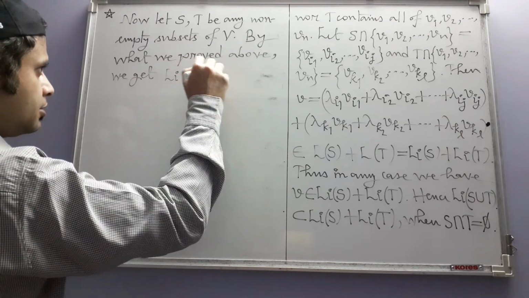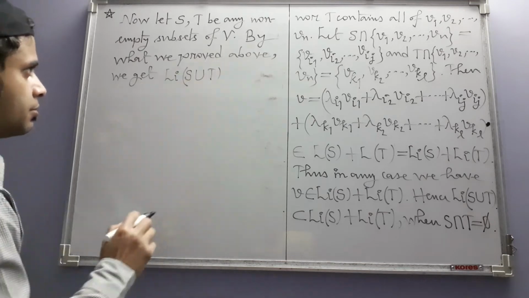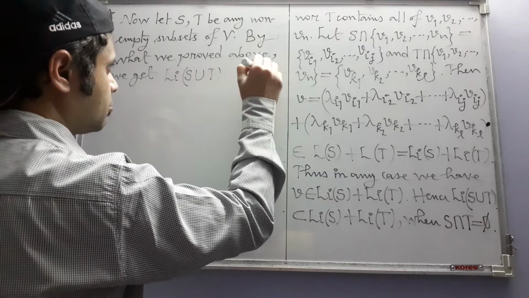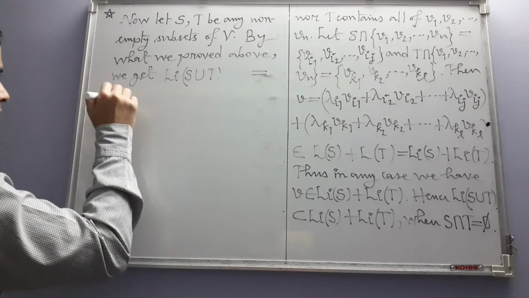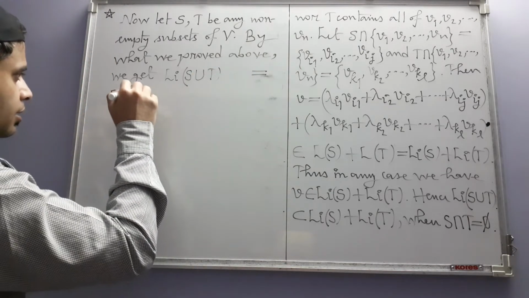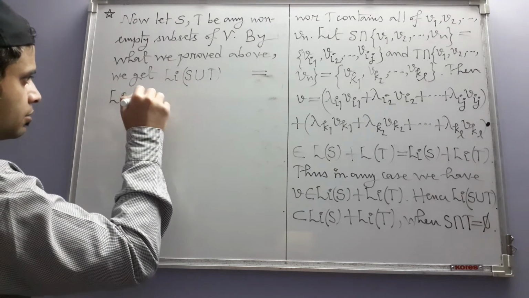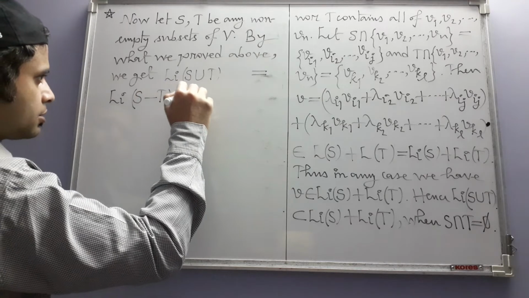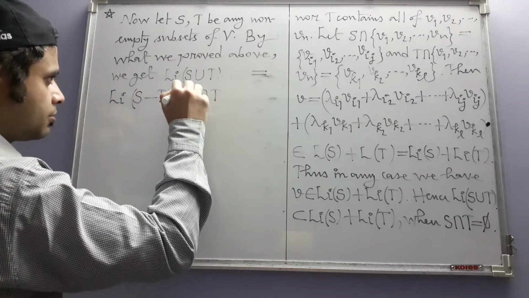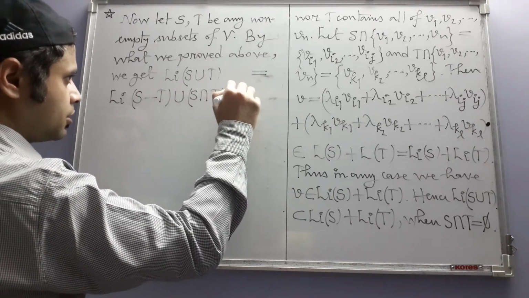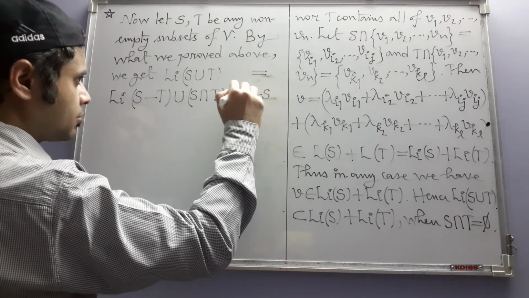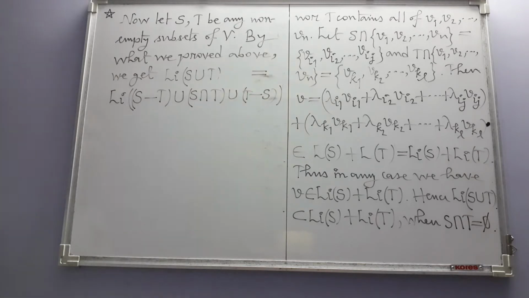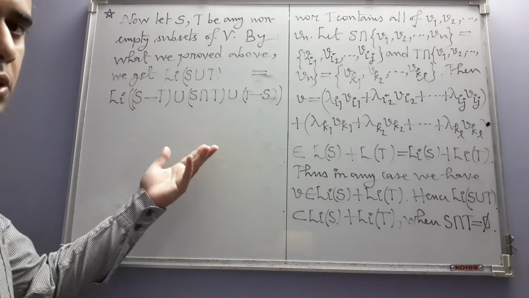Li of S union T equal to Li of S minus T union S intersection T union T minus S. Which we already know.